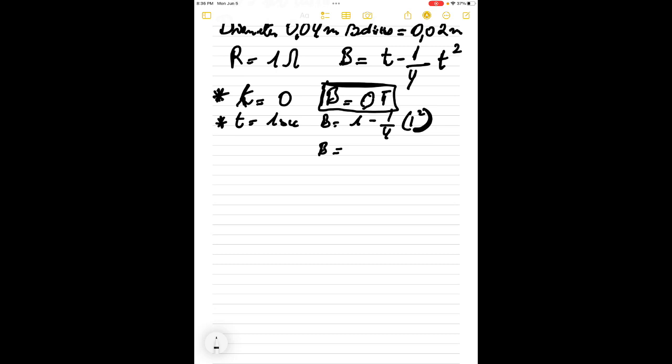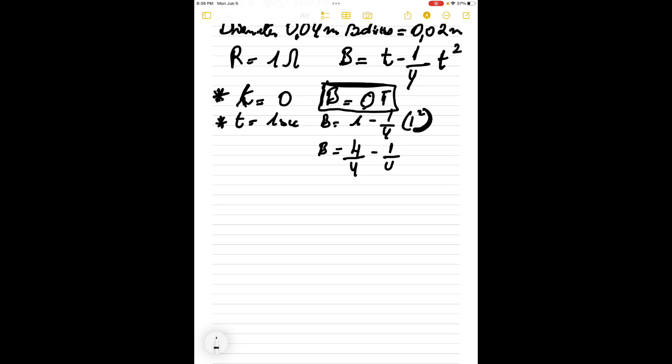That means we multiply by 4, and this 1/4 is multiplied by 1, so the magnetic field is 3/4 Tesla.